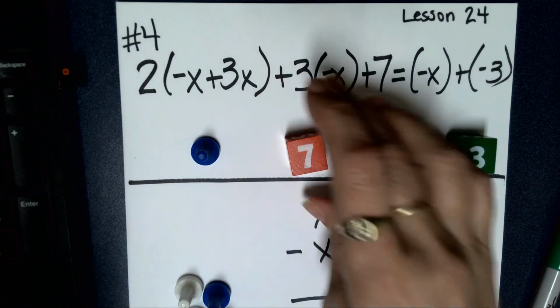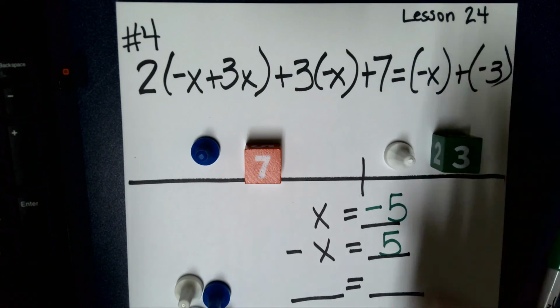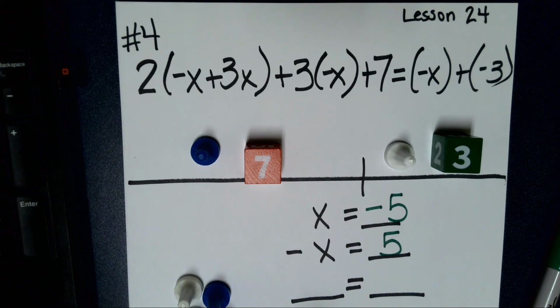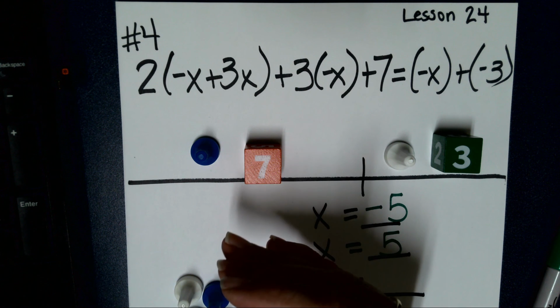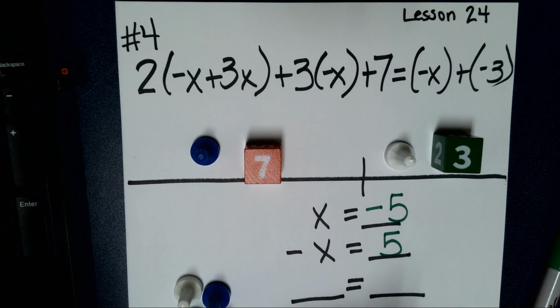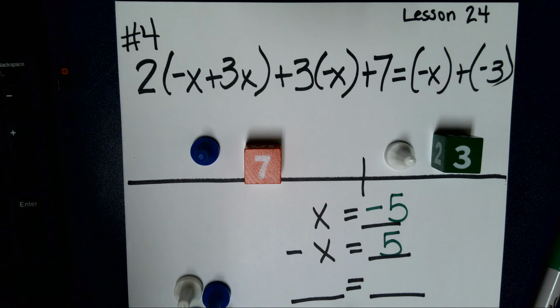So now we have pawn, positive 7, star, and negative 3. This is a lot easier to solve. If we left all those 0 pairs on, we would just keep adding negative 5 and subtracting negative 5. So it is just easier to get rid of those 0 pairs.